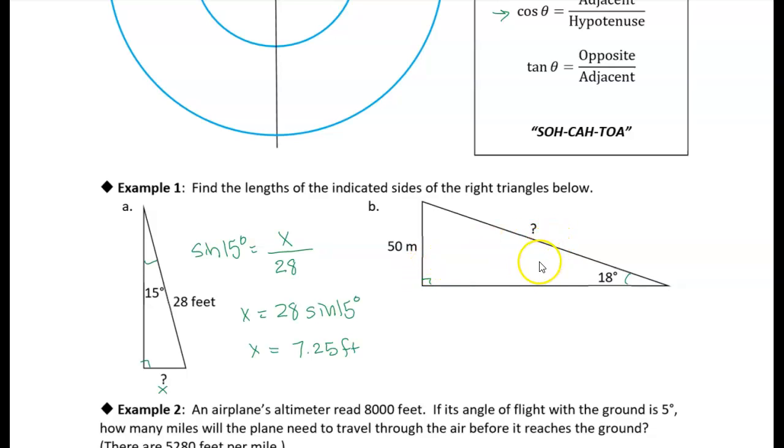That's the sine. So sine of 18 degrees is equal to opposite over hypotenuse. I'm just going to call it x. And then it's a matter of solving for x. So x is equal to 50 over sine of 18 degrees. I can put that into my calculator, and I get 161.8 meters. So that takes care of example 1.